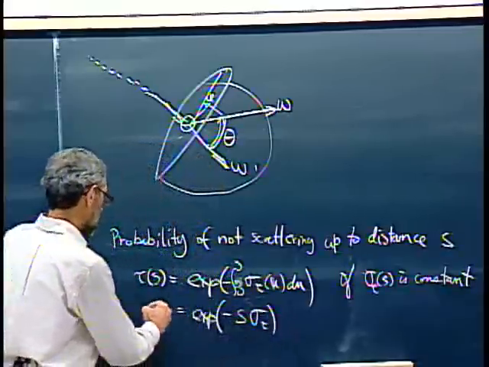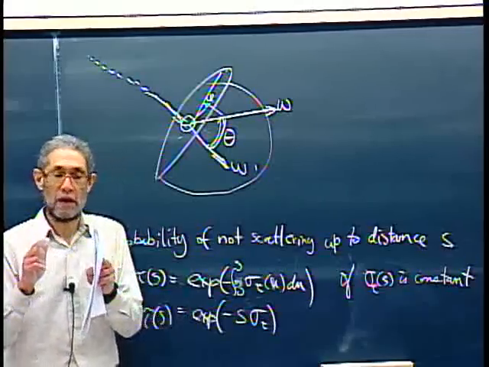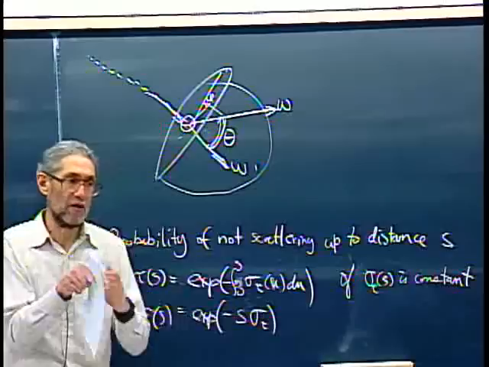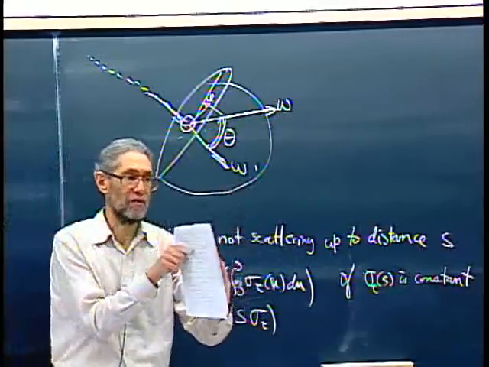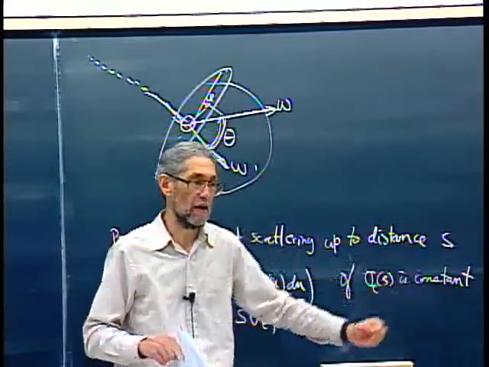So the transparency varies exponentially, right? If you have a thickness of smoke that removes half the light, and then another thickness of smoke that removes half the light, what's left is a quarter of the light, and so forth. The amount of light is decreasing exponentially along the ray.